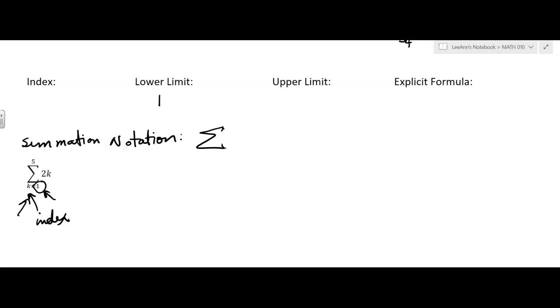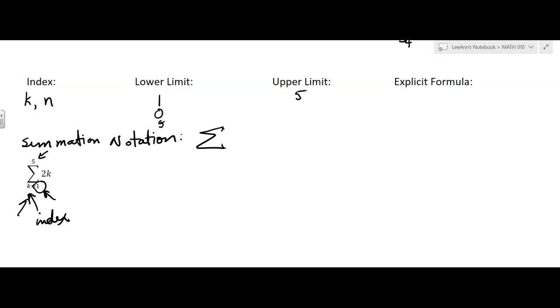Also, I want to mention our summation notation here is using k, but another common index is n. They can use other variables. Sometimes the lower limit is 1, but sometimes it's 0 or 5, or it could be any integer, but it's indicating the term that you're on. The upper limit is up here at the top, so in this case our upper limit is 5, and it could be a different number.